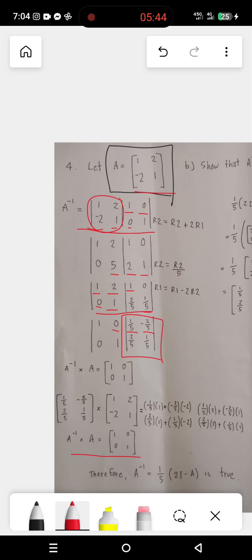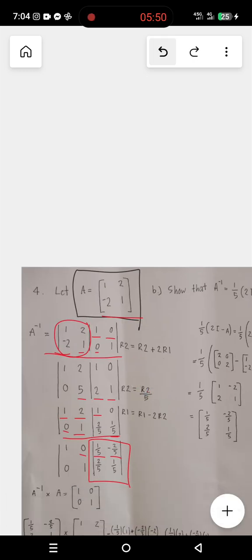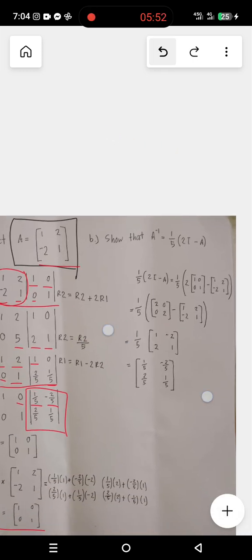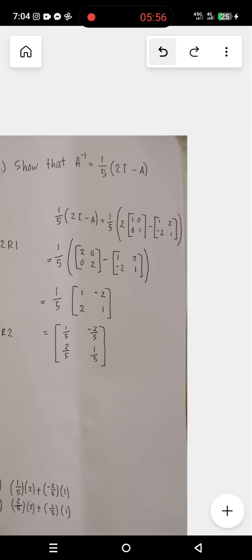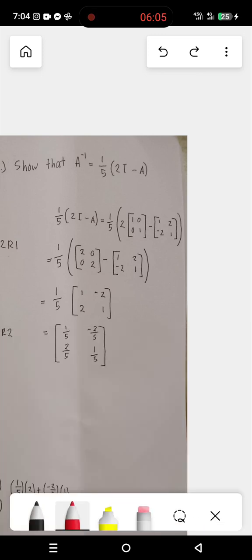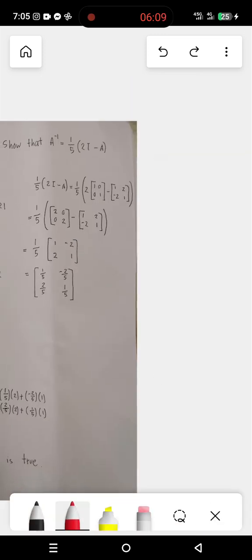So therefore, the next step is we're going to solve for 1/5 times 2 times the identity matrix minus A. So we have here this one. So we have already arranged that.